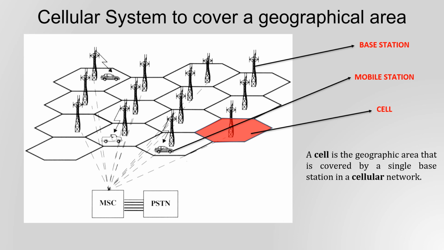In PSTN, the call will be routed and sent to the particular receiver on the other side. So this is how a GSM architecture is used to cover the geographical area. Here in this slide we have covered a very basic architecture and also some basic concepts of GSM architecture. We will see a little bit deeper in the next slides. As of now, I hope this is clear.